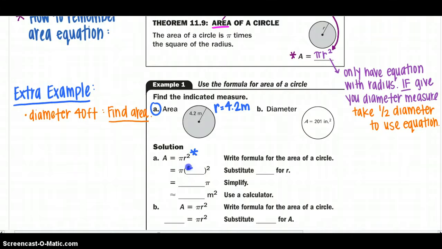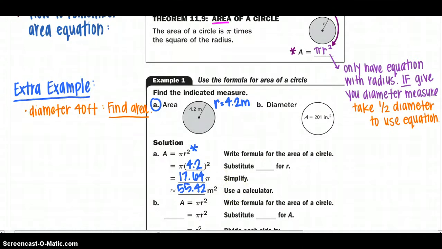So pi times 4.2 squared. You would get 17.64 pi, and remember that is in terms of pi, and if we want an approximate answer, we would get 55.42. And remember to use the pi button on your calculator instead of rounding from the beginning.